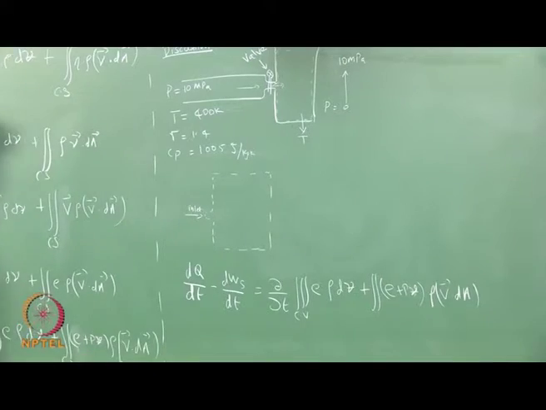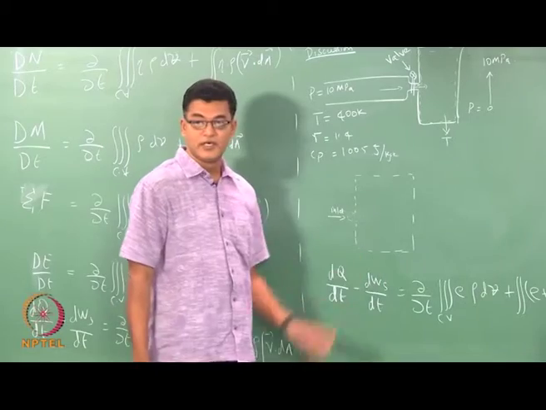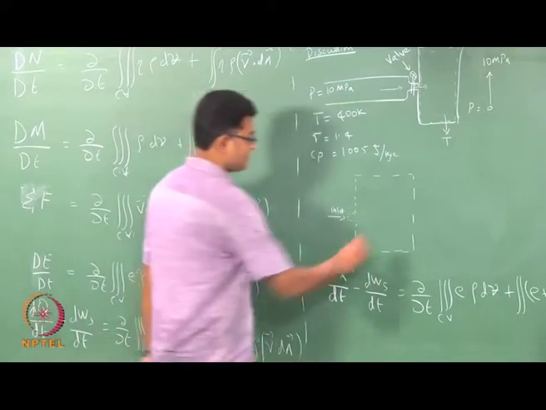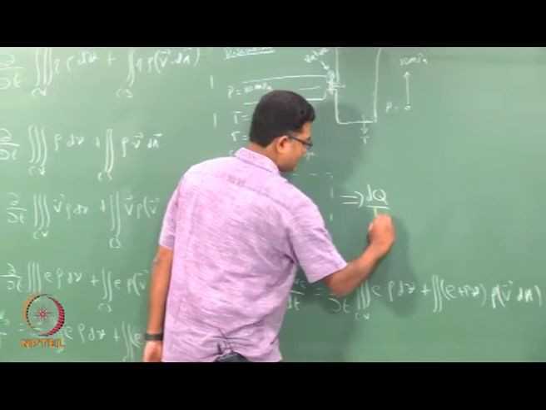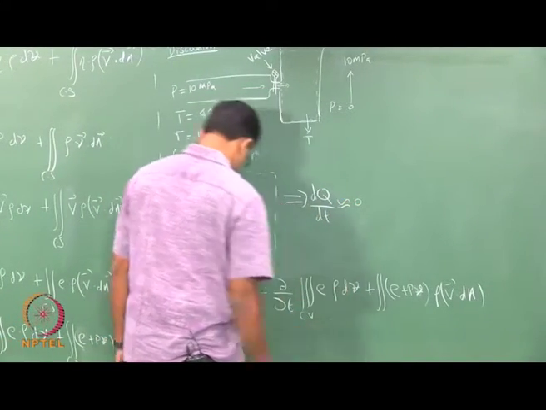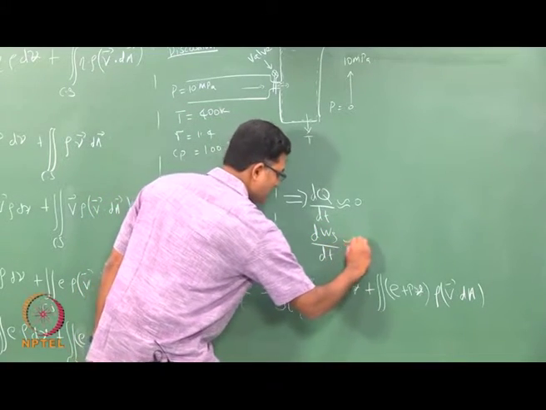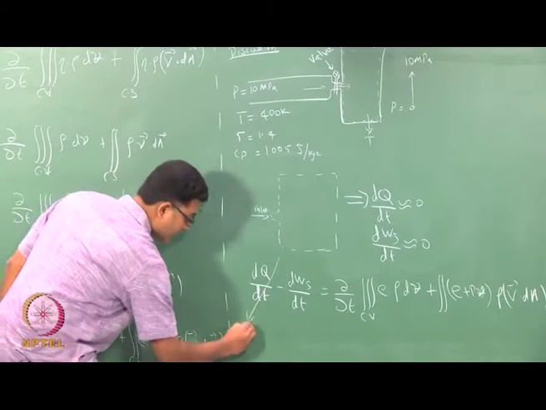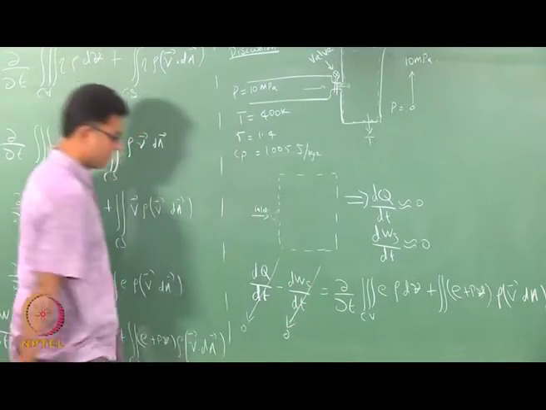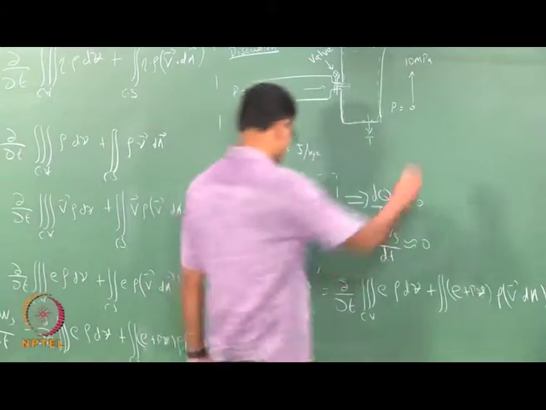Now, let us assume there is no heat transfer and no shaft work. So, Q addition is 0 and shaft work is 0, and these two terms vanish.